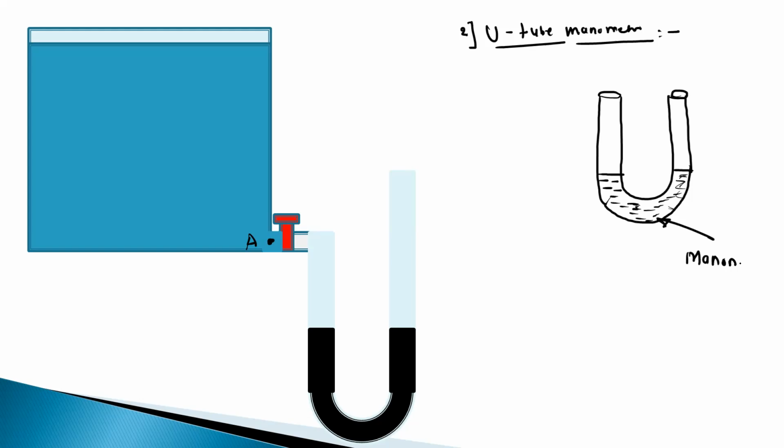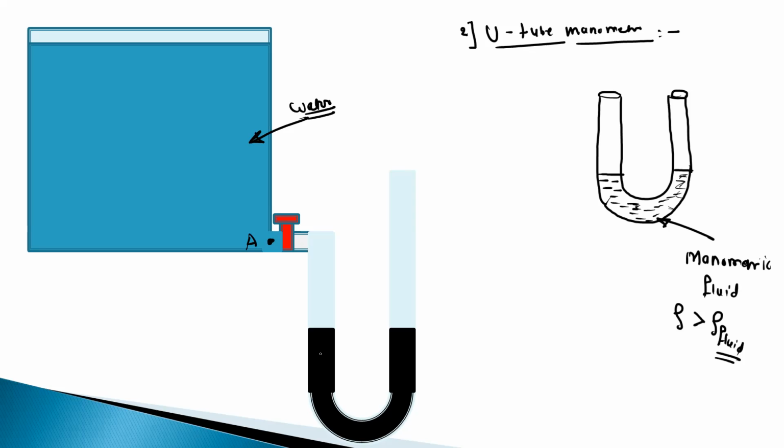The manometric fluid has a density greater than the density of the liquid in the tank, or the fluid for which we want to measure the pressure. So let us take that we want to measure the pressure of the water in the tank.